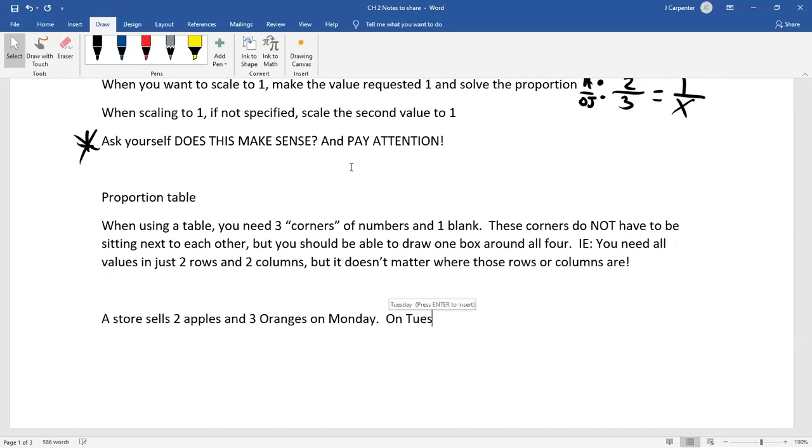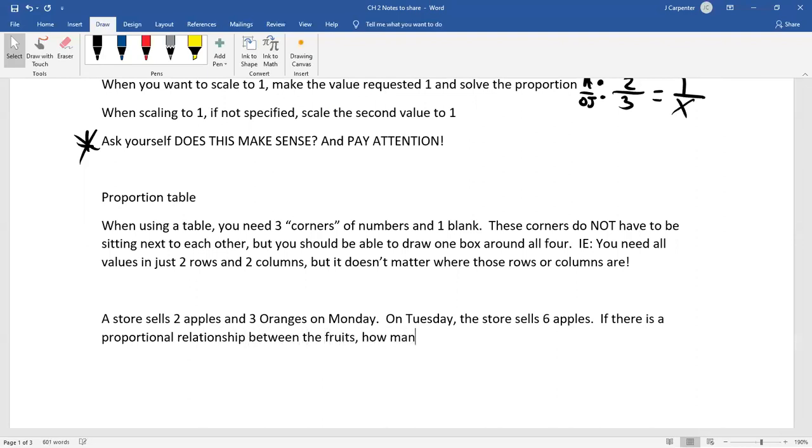On Tuesday, the store sells 6 apples. If there is a proportional relationship between the fruits, how many oranges sold Tuesday?